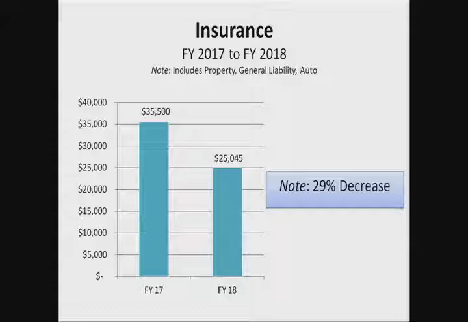It was a painstaking process. Due to her efforts, we were able to reduce our overall insurance costs in property, general liability, and auto by 29%. Great. Nice. Those are things we are going to continue to look at where we can. One thing we are going to look at is the health insurance.